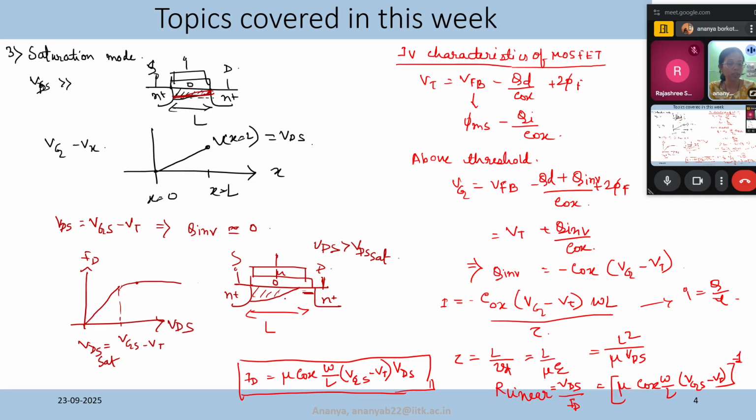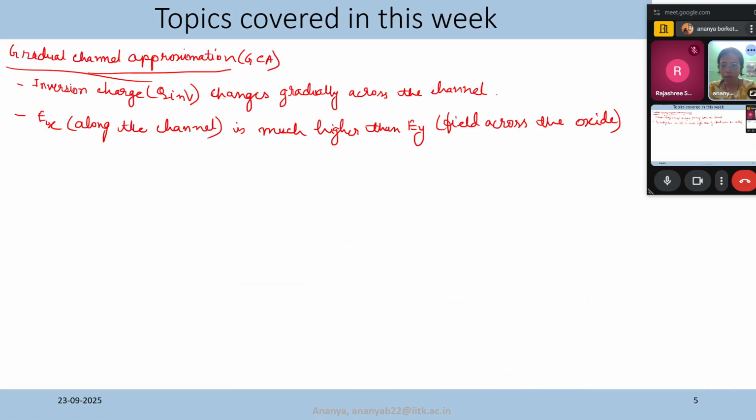We are considering that the electric field due to VDS, EX, is much higher, and that is why in this expression you have noticed that I have directly used VDS. If we consider the effect of the other electric field, the current may not move as we are considering. Okay, this is valid for most cases, and mainly for a long channel MOSFET.